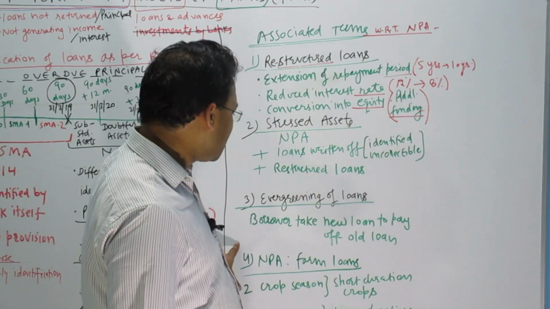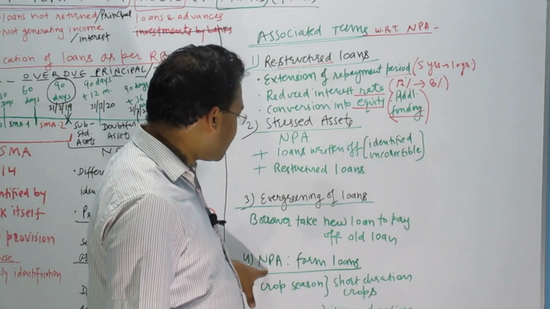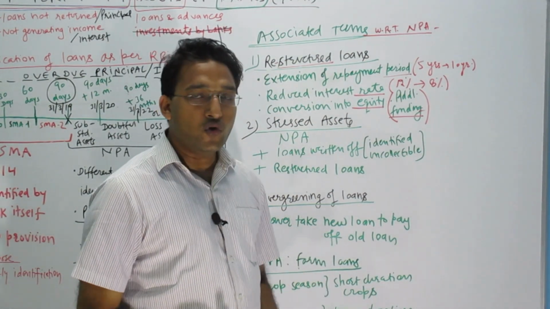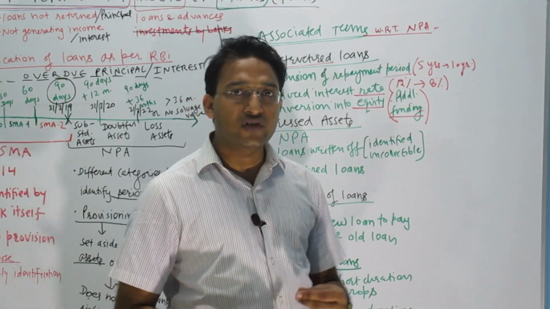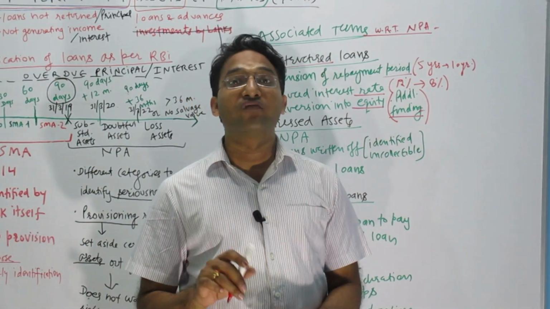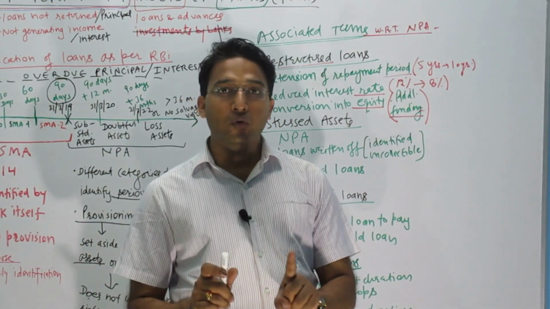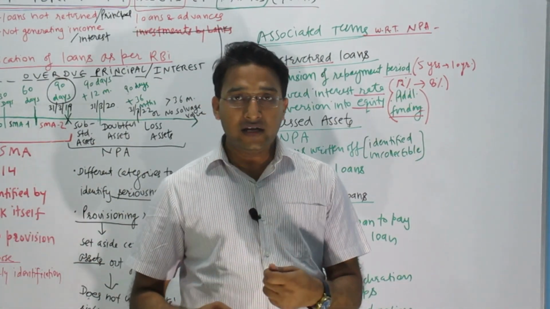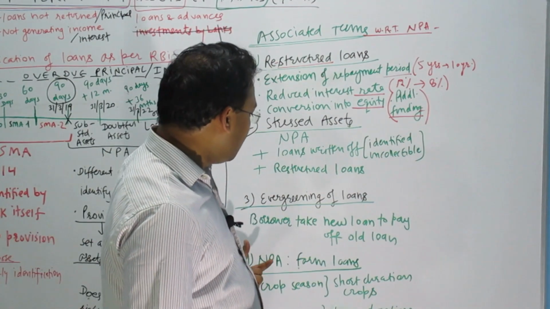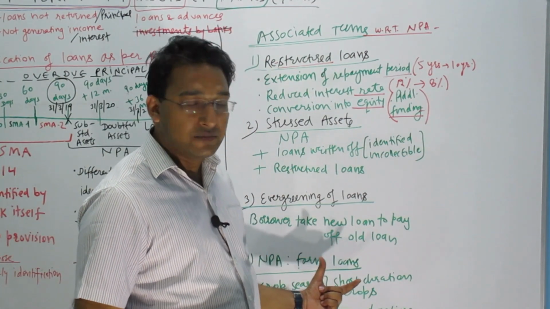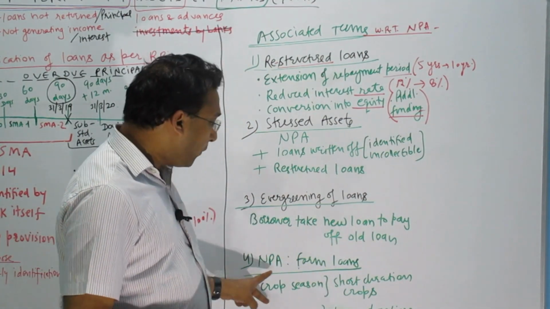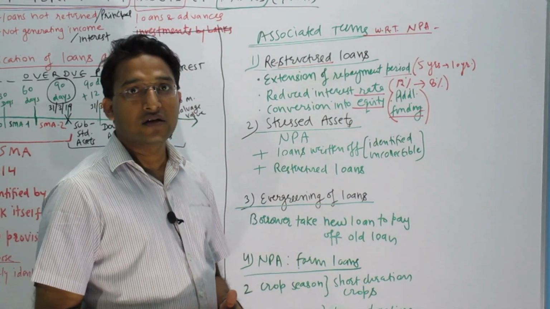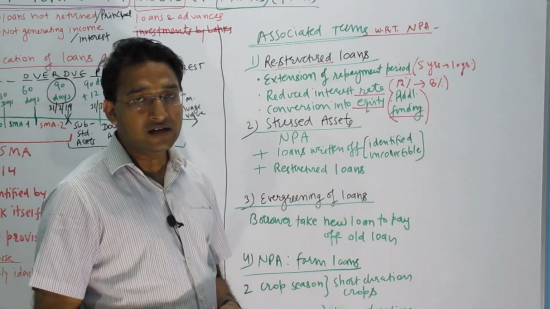And the last is the non-performing asset in case of farm loans. The condition of 90 days is applicable to non-farm loans. Farm loans, that is agricultural loans, have a different nature. In case of agricultural loans, the 90 days condition is not applicable, but the crop season is the criterion, right?